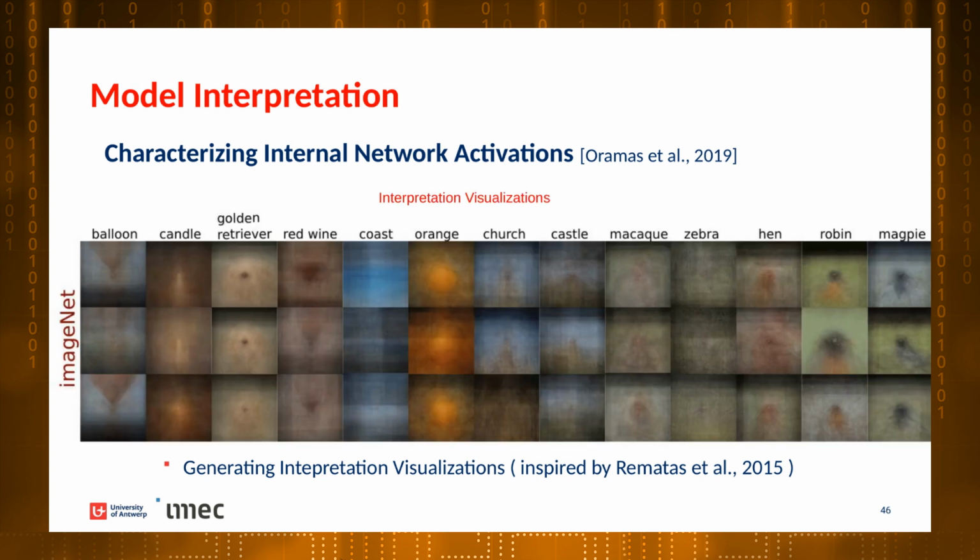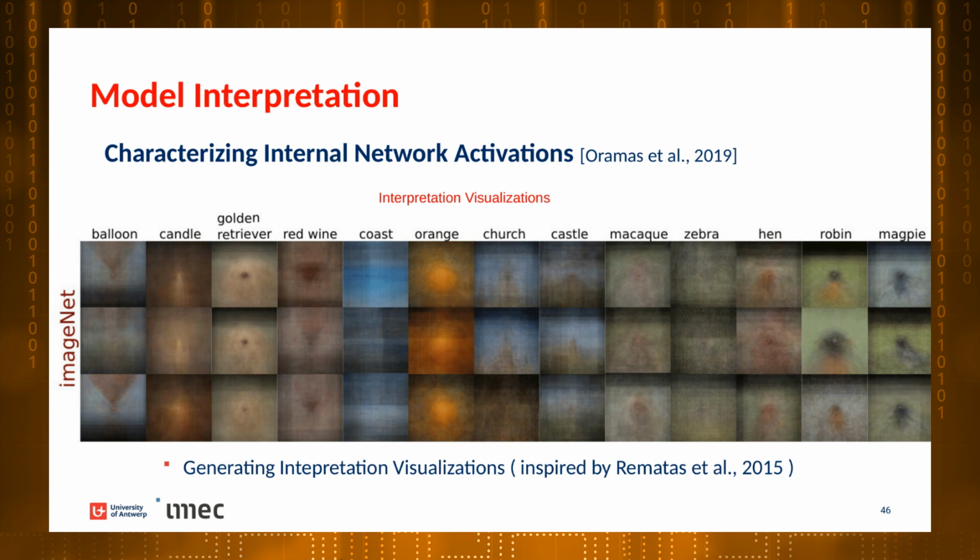And we have repeated the same process for all the 1,000 classes. There you see a subset, where for each class, we are showing some examples of some of these features. In some cases, it's more evident than others what the underlying feature actually represents.